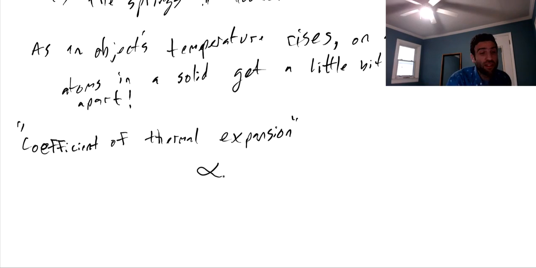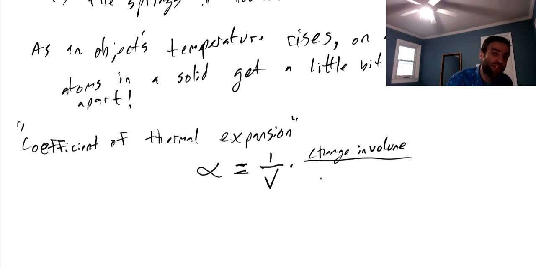The coefficient of thermal expansion measures a fractional change in an object's volume per change in temperature. In equations, and you don't need to remember this equation particularly, it might look like: alpha is equal to 1 over the volume of the object times the change in volume per change in temperature.